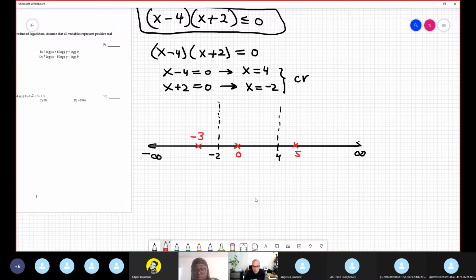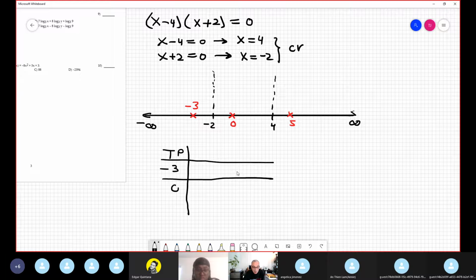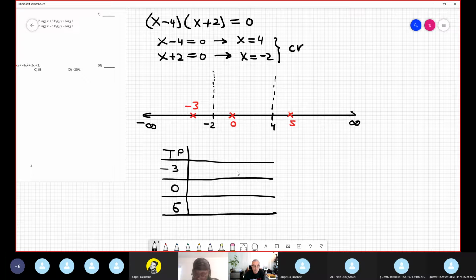And you create a table. In the table you evaluate. In the table you have TP, testing point, is negative 3, 0, and 5. And the factors involved in my problem are x minus 4, x plus 2, and the last column is always called total.